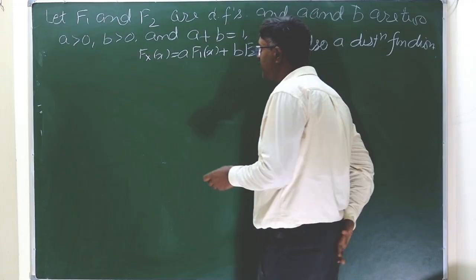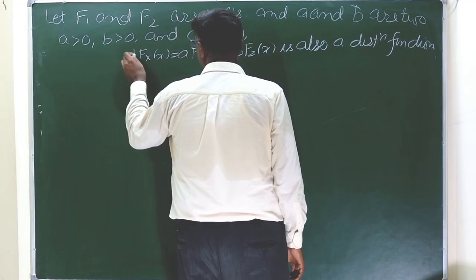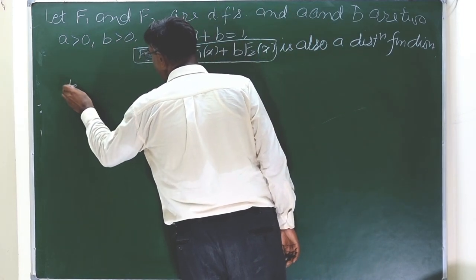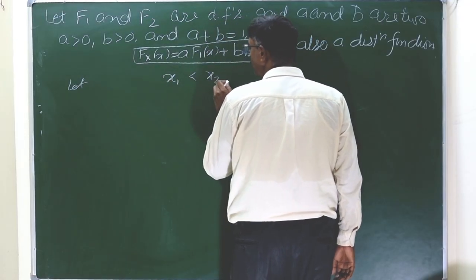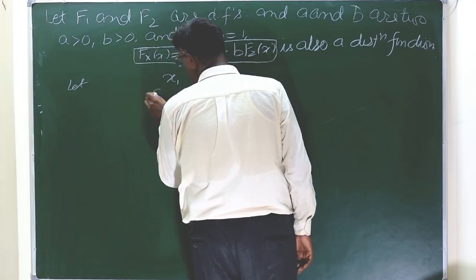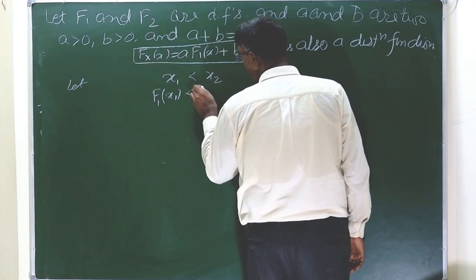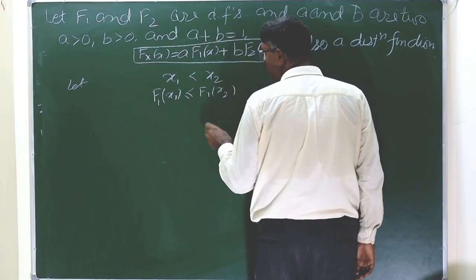Now we will check the properties of a distribution function for this particular function. So let x1 be greater than x2. Since f1 is a distribution function, f1 at x1 will be less than or equal to f1 of x2.